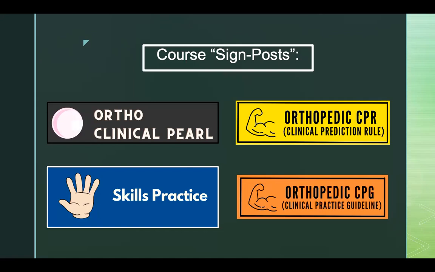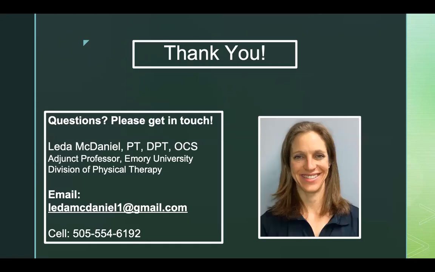Those are what I find to be higher-level decision-making or nuanced information that we can apply and that really contribute to some of your higher-level skills as an orthopedic specialist. And then this blue symbol relates to our skills practice. Those will be our hands-on techniques that we want to talk about and practice in our in-person session.